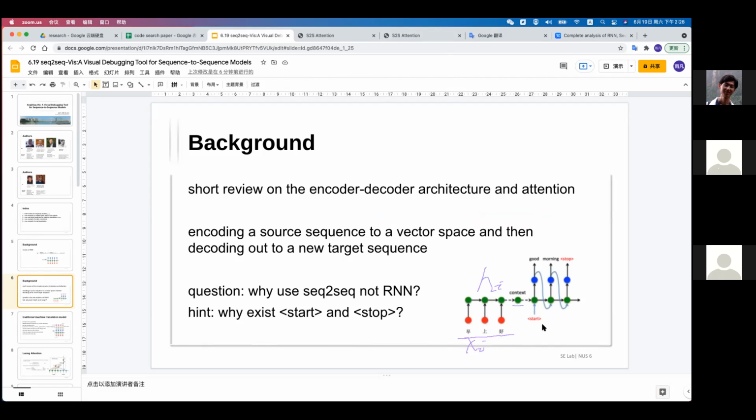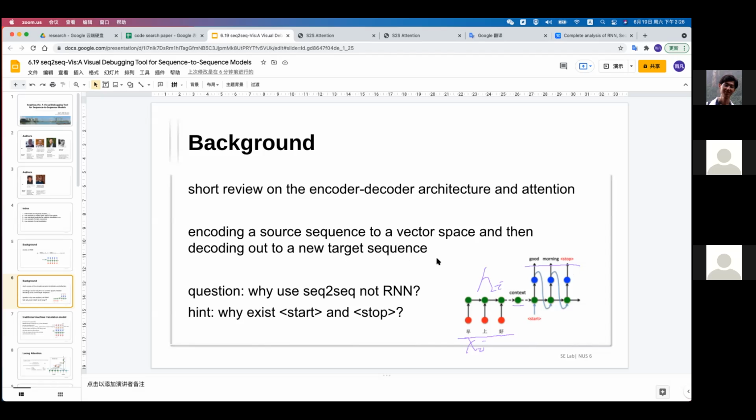On each step of the decoder, it will get the output vector. So the encoder-decoder architecture is actually encoding a source sequence into a vector space and then decoding it out to a target sequence.